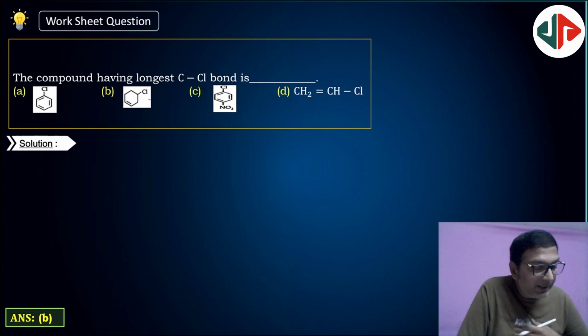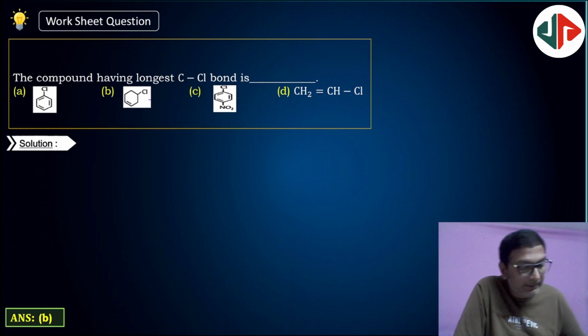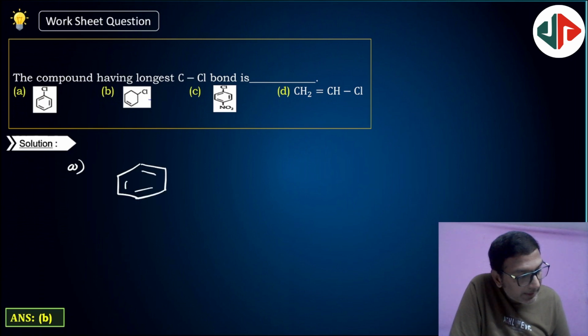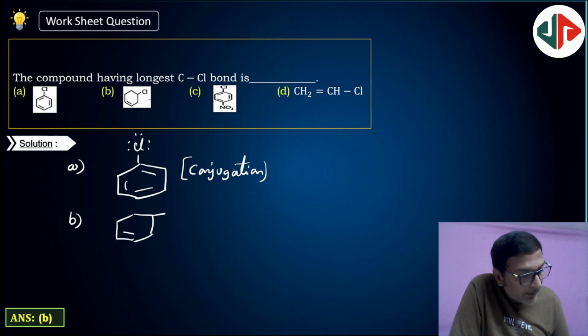The compound having the longest C-Cl bond. In the first example, here there is conjugation between Cl and a double bond. Due to conjugation, bond length decreases. So in B, there is no conjugation; the double bond is far away from chlorine.